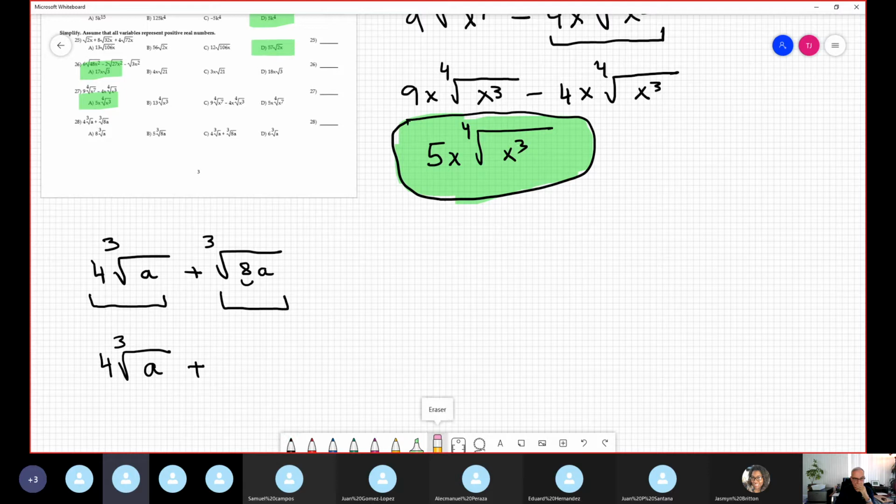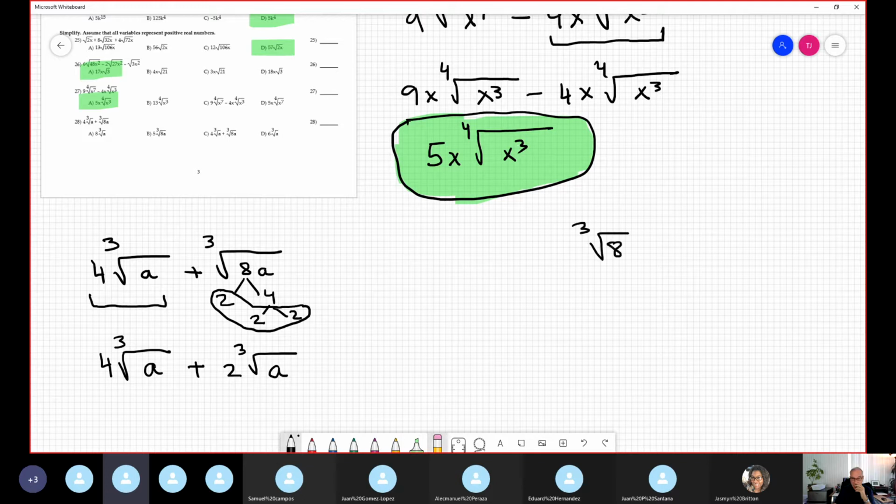8, you know, 8 is 2, 4, 2, 2. Okay, so we have exactly the amount of factors that we need for simplification because the index is 3. So 2 cubic root of A alone, because the numerical part completely goes out, because 8 is a perfect cube.